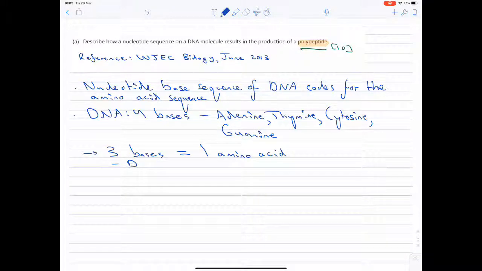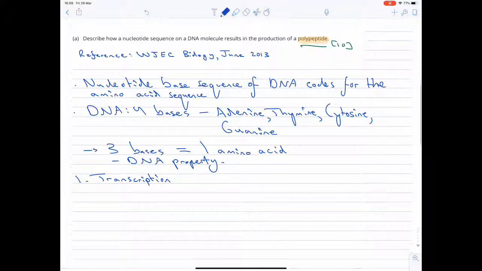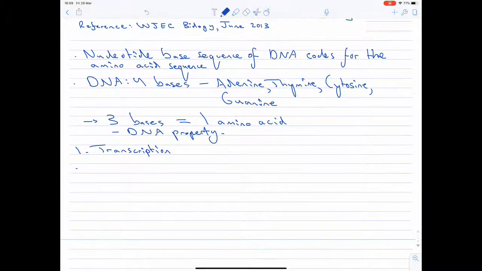So that's a quite important property of DNA. Okay, so we're first going to talk about transcription. Let's give a brief overview about what transcription is. So this is stage 1 of protein synthesis.